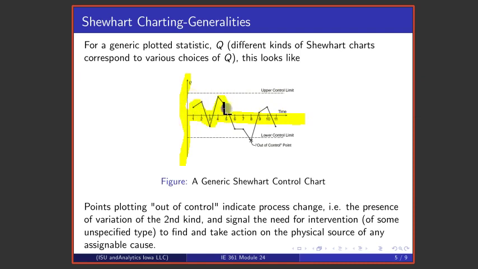Plotting over time, period to period, I might see these values of Q rise and fall, but I'll only decide that there is variation that is more than baseline variation when a plotted value falls outside of so-called control limits. Points plotting outside of those limits indicate the presence of variation of the second kind and indicate the need then for physical intervention.